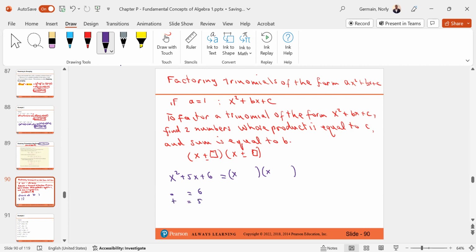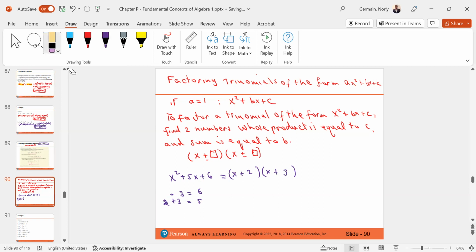What are these two numbers? Yes, 2 and 3. 2 times 3 is 6, 2 plus 3 is 5, so that would be x plus 2 and x plus 3. That's how you factor these trinomials.